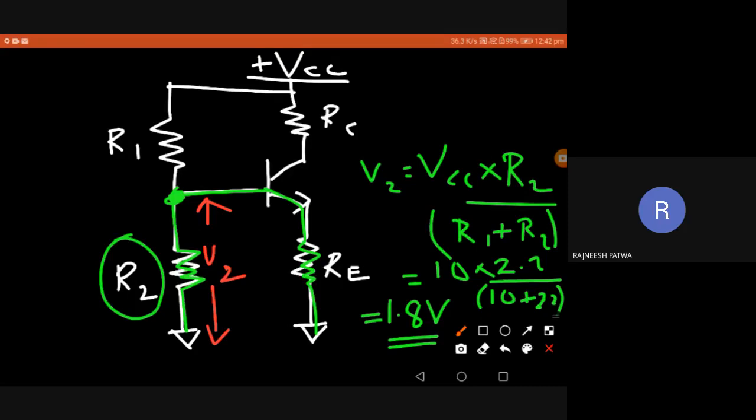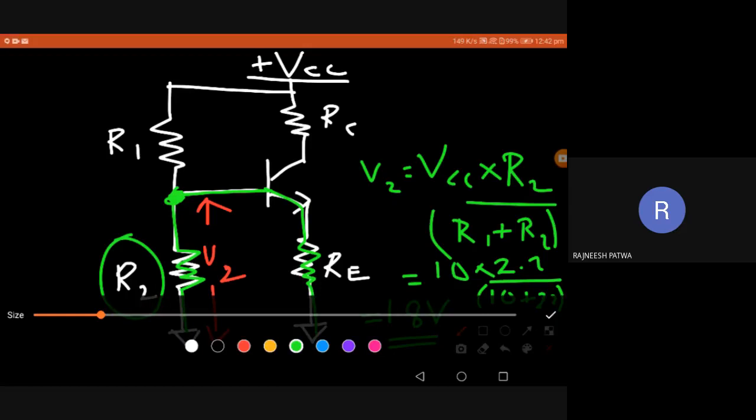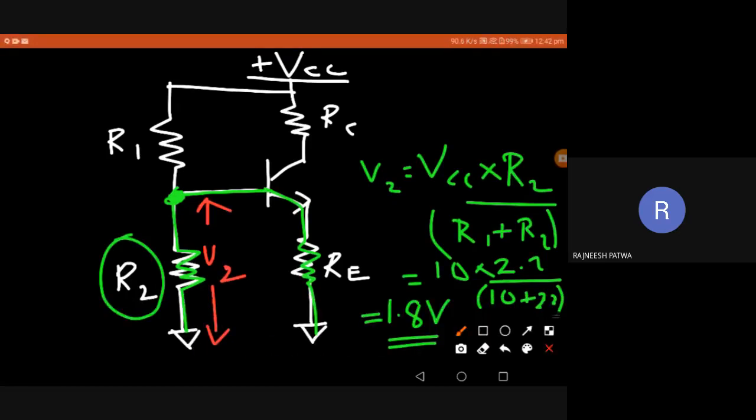So right now I think you understood the Thevenin theorem. We may apply Thevenin's theorem in advanced circuits. What is Thevenin's theorem? In a complicated circuit, we simplify the circuit by considering an equivalent voltage source with a series resistance. For example, VTH, which I'm assuming across the base of the transistor.